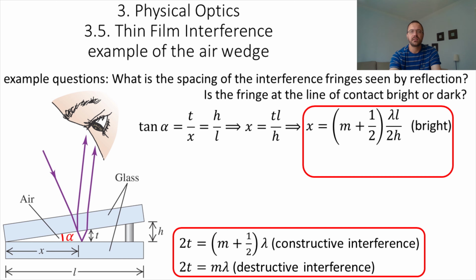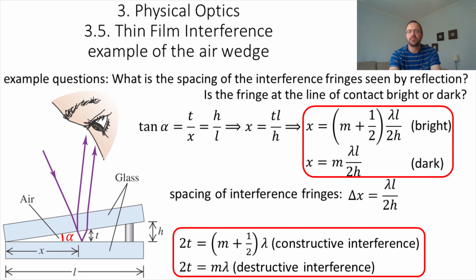Then I can reuse the relations for t, and I obtain that if x is equal to (m plus 1/2) lambda L over 2h, then I will have a bright fringe. And if x is equal to m lambda L over 2h, then I will see a dark fringe. So we can answer the first question.